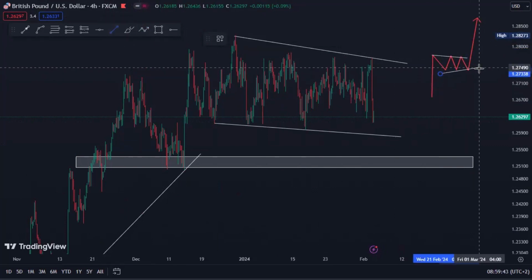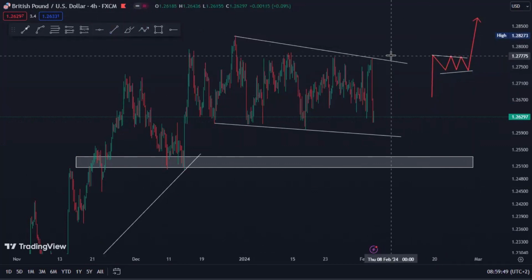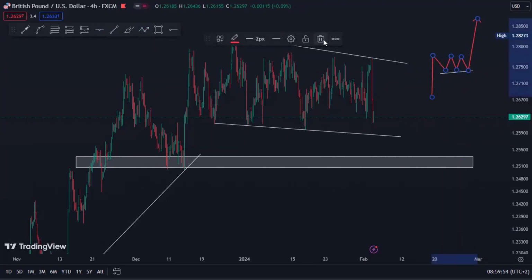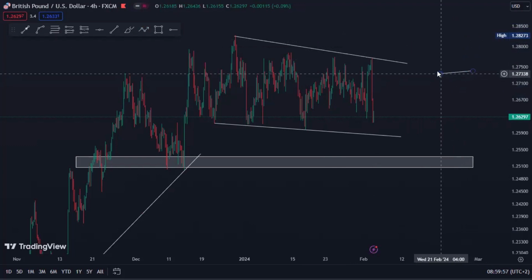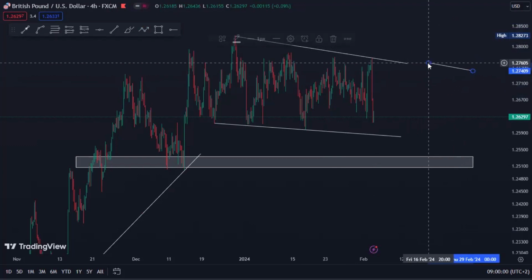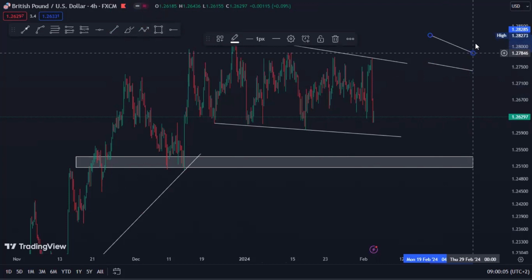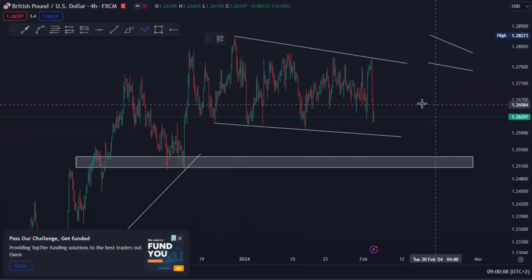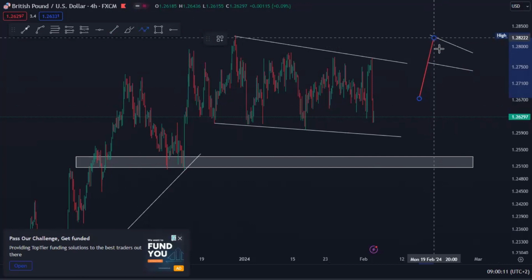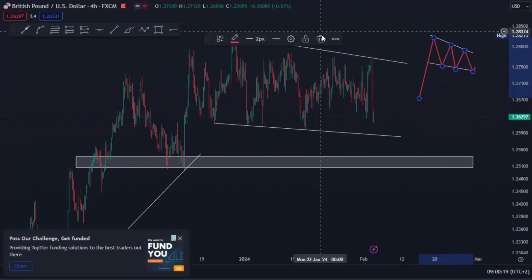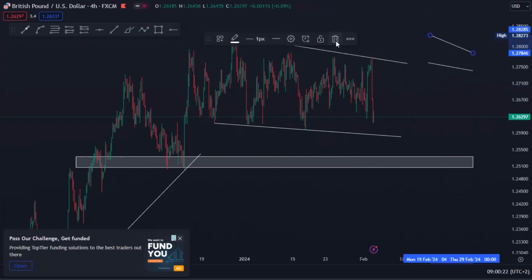Let me delete this one. It's not something like this. But let me, all right, yeah, just do it like this pattern. A very common pattern in Forex is this kind of pattern. It's a flag, a continuation flag. Right. That's what the market is creating here. If you can check.